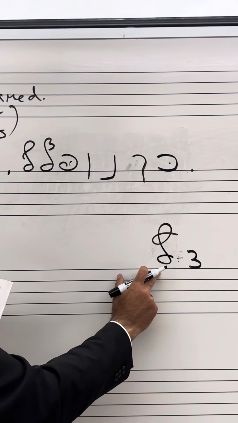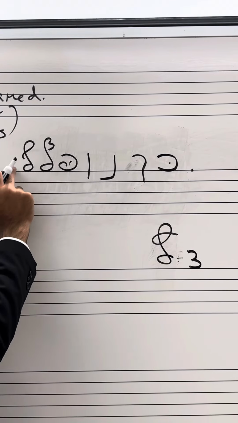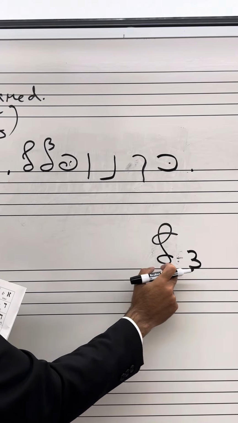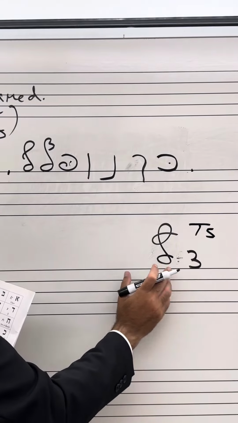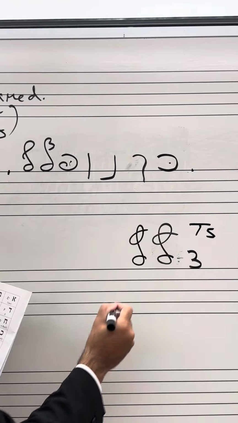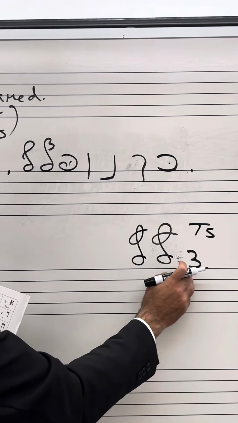That is what it looks like. So over here, it's like a little 3 on top, or it loops back down. At the end of a word, like eretz, right? This is a TS sound. It's going to appear like this. I'll do it again because I messed up the first time myself. That is what it looks like. Okay? So that is a final tzadik.